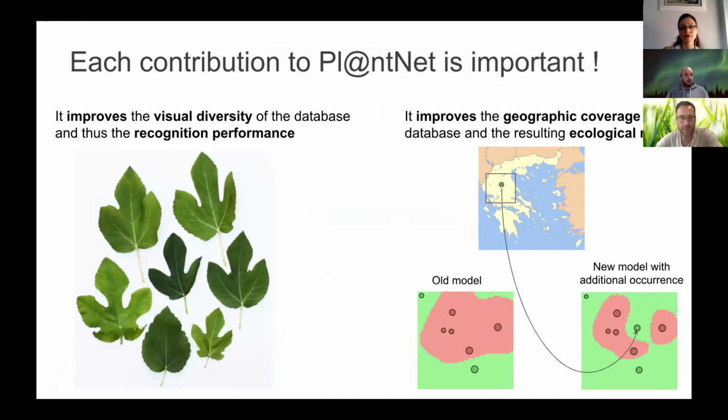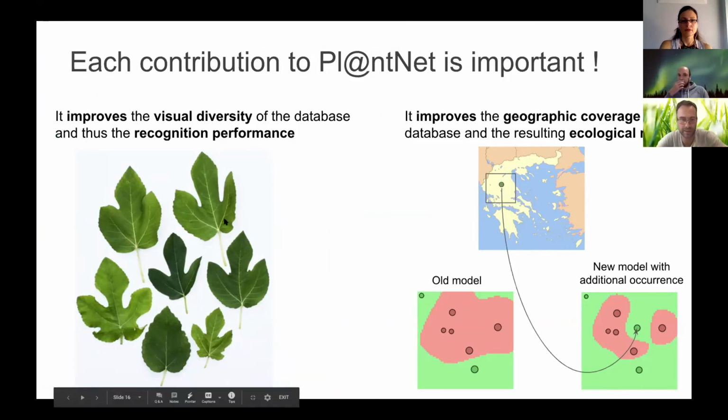The first one is that it improves the visual diversity of the database. Even if you already have tens or maybe hundreds of images of a species, when you provide a new picture of this species, you allow the system to improve the recognition performance.